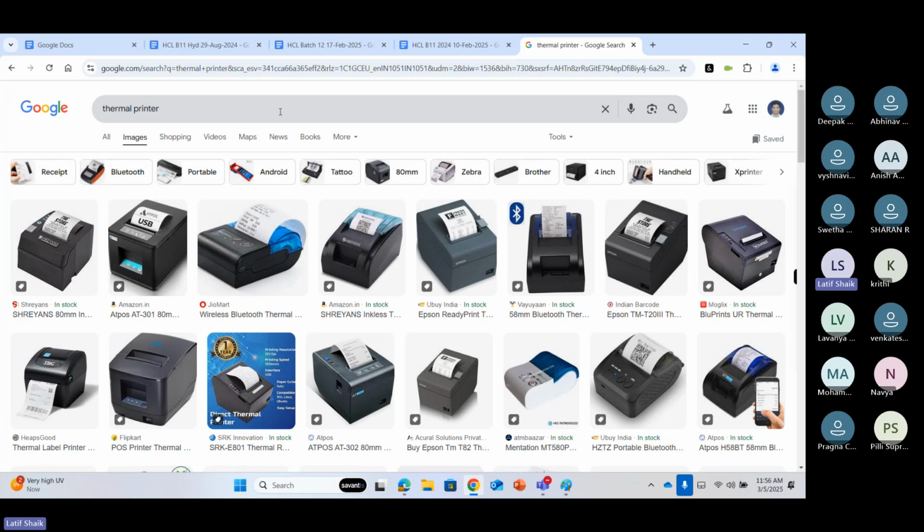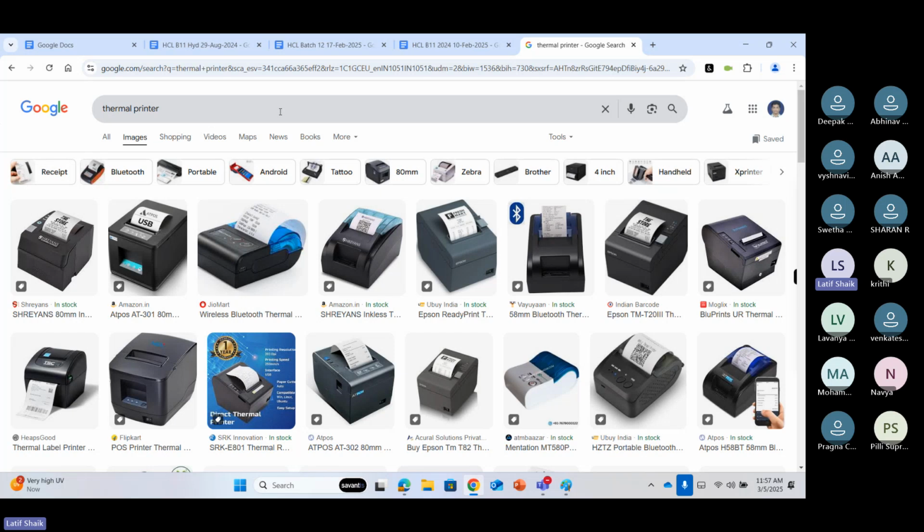I know the thermal printer is the ECG machine. We see thermal printers daily, because your bus ticket, the bus tickets are thermal printers. Or maybe you go to the shops.